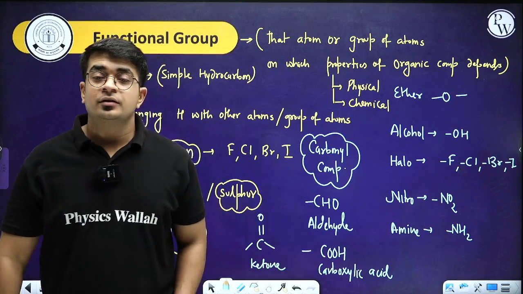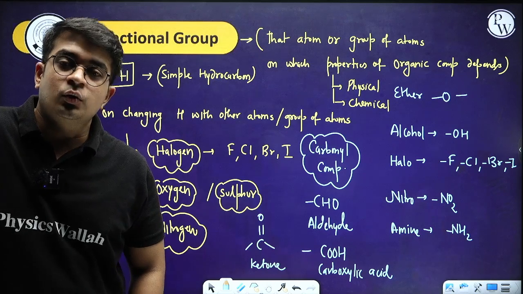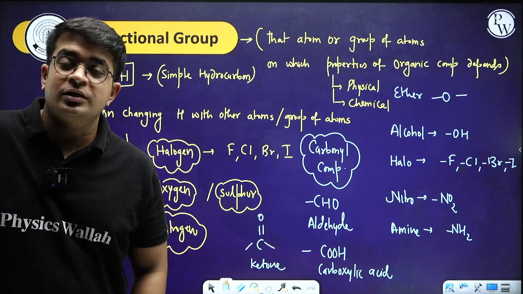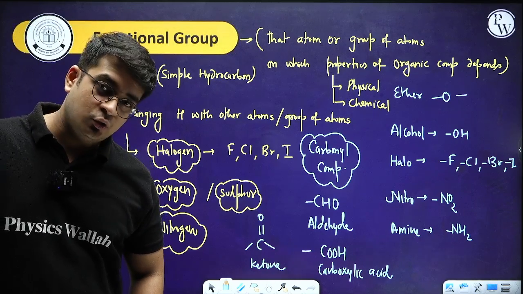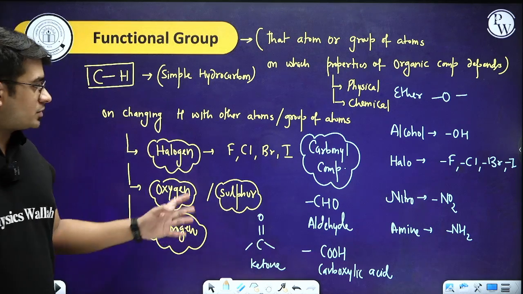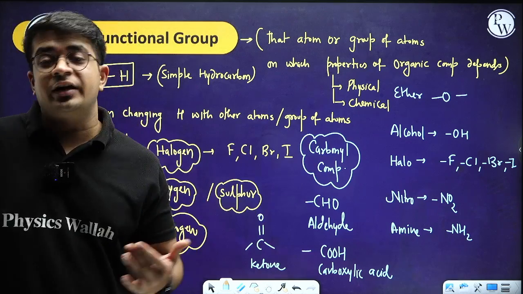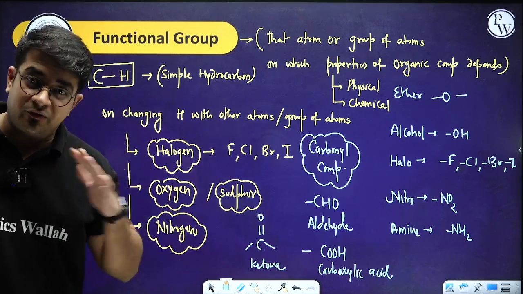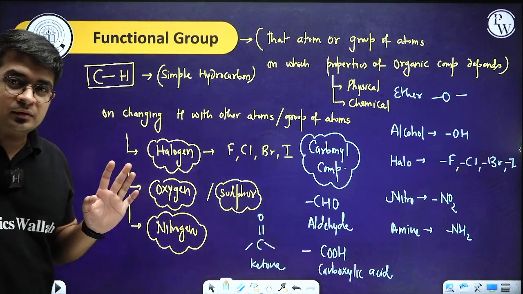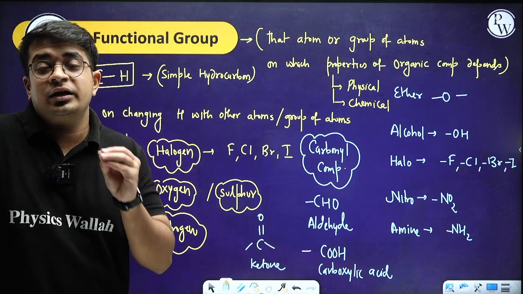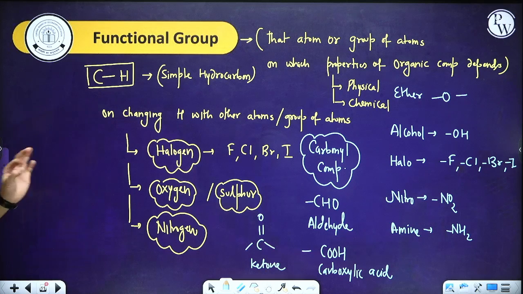You can have halo acid, COCl or COX. Then you have amide, which is C double bond O NH2. So there are different types of functional groups. I am just giving you the basic idea. We are going to discuss the nomenclature of each type of functional group according to their preference, but this is the basic idea. I hope this entire portion is clear. Just have a look at it, note down this entire portion.